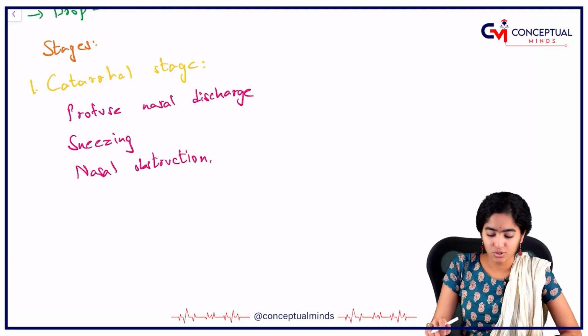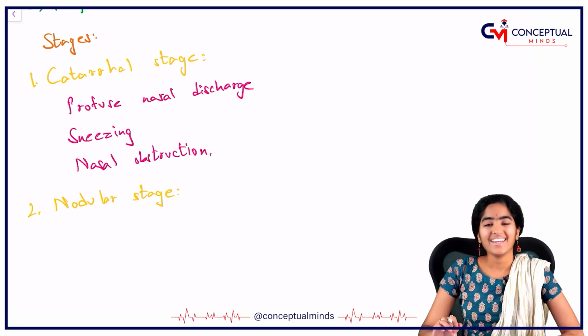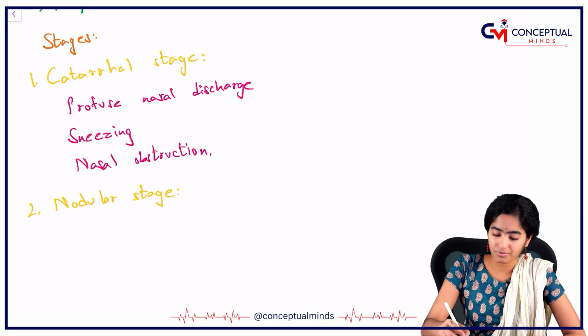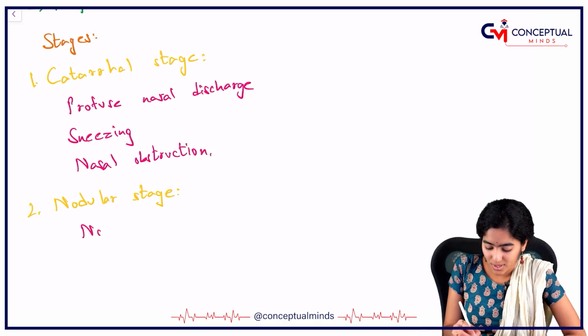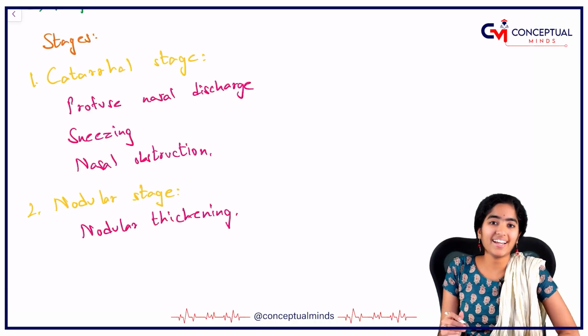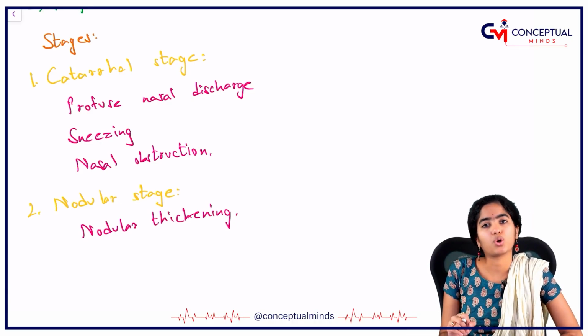The second stage after catarrhal stage is the nodular stage. In the nodular stage, we find nodular thickening of the septum. Now it's interesting to note that the time gap between the catarrhal stage and the nodular stage is a lot. It could take as much as 10 years for the patient to express nodules.